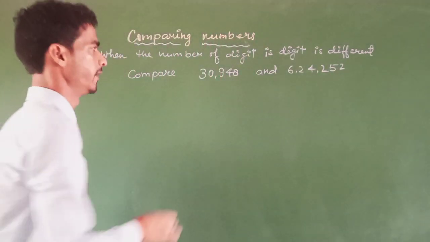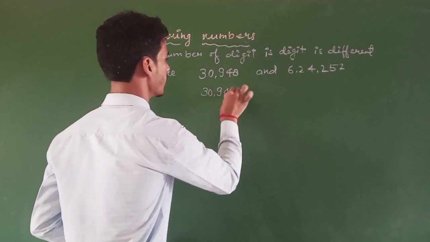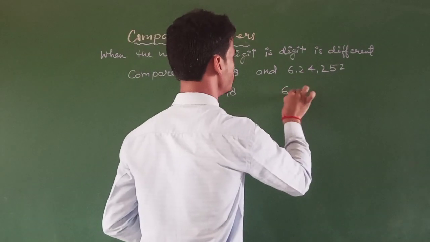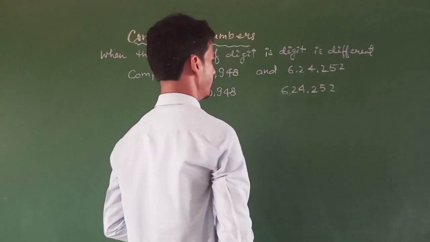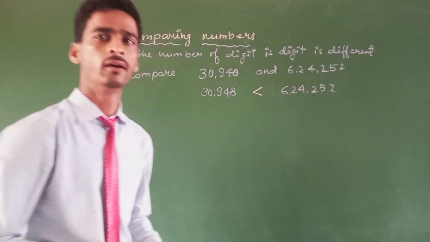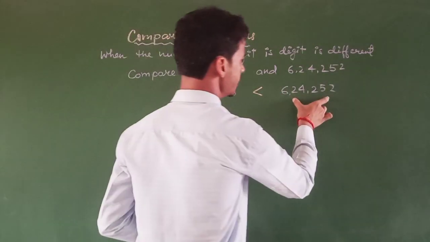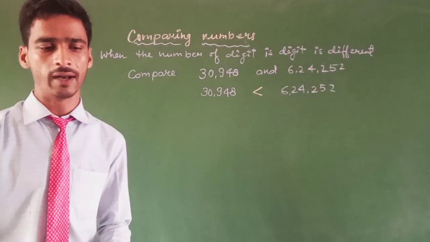So we can say that between 30,948 and 6,24,252, 6,24,252 is greater because it has 6 digits and the other has 5 digits. Okay. Now come to the next subtopic.